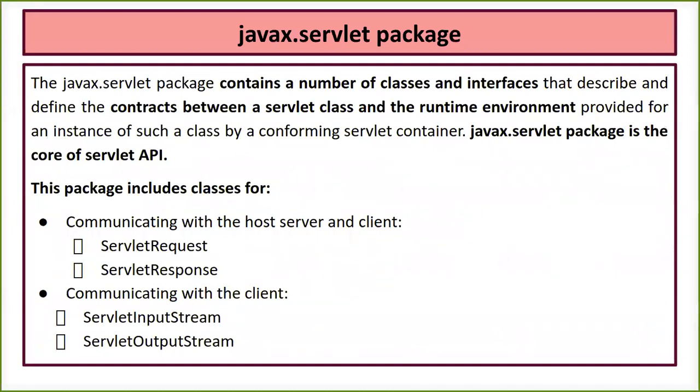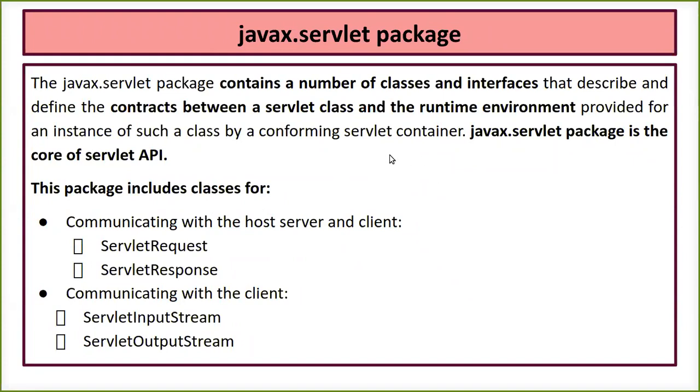Now, when we come to the next one, we have two packages: javax.servlet and javax.servlet.http. We'll go first to the javax.servlet package. It consists of numbers of classes and interfaces, as I have already told you. It defines the communication between your servlet class and your runtime environment, that can be your JVM.